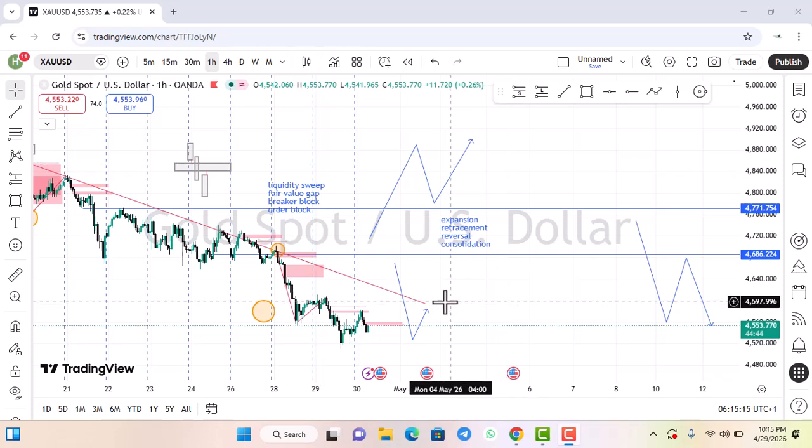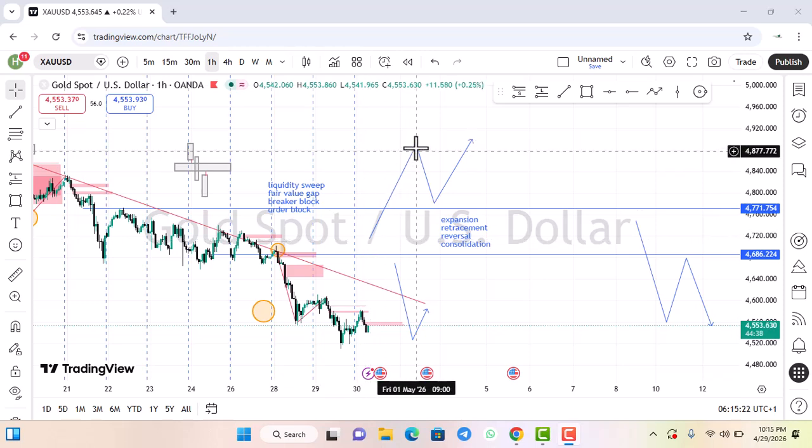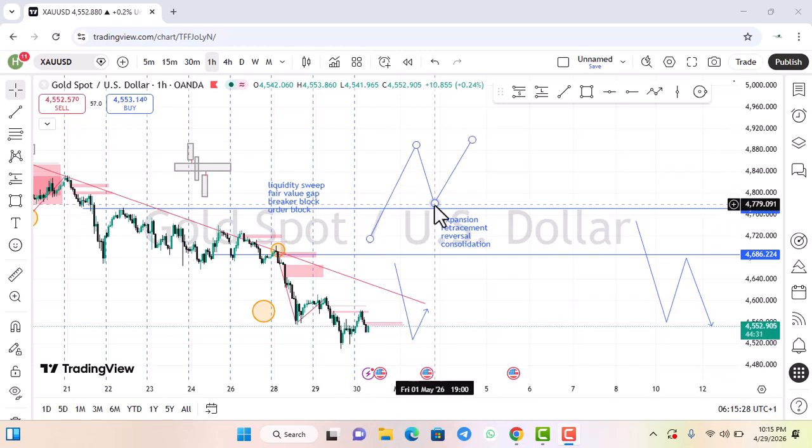All right. So now this is an example of our expansion from this point to this point. Here is an expansion in an uptrend, right? So price now pulls back down to this point here. This pullback that we have from this highest point to this lowest point is what we call reversal.